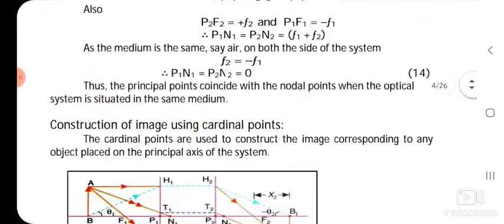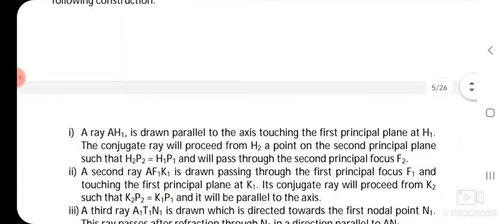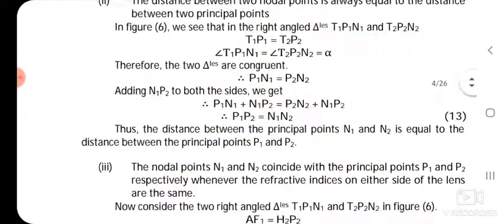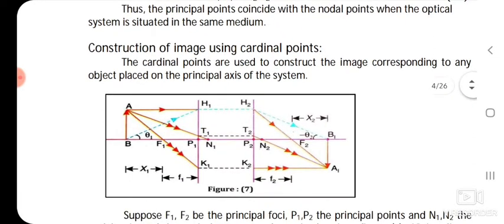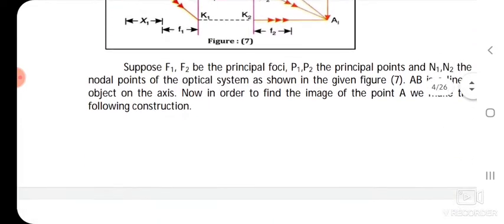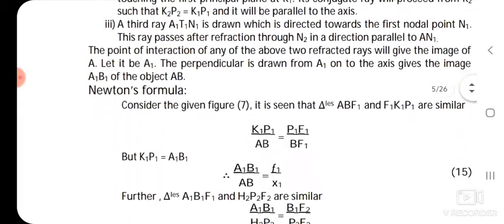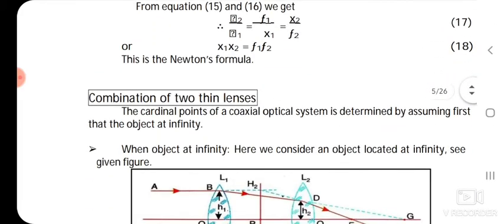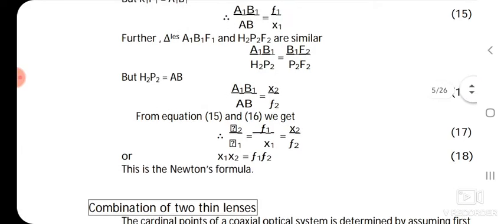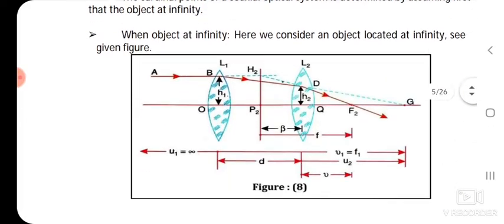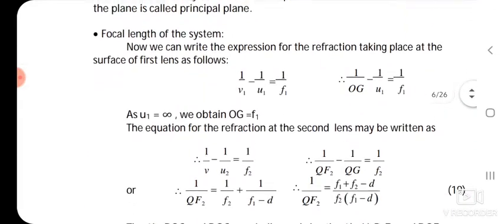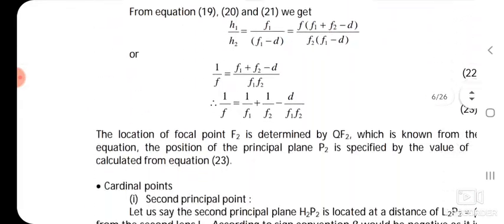After these properties of nodal points, we are going to discuss construction of an image using cardinal points. How we can construct an image by using cardinal points, that we have to discuss. After that, we are going to prove Newton's formula, then combination of two thin lenses, focal length of a system.